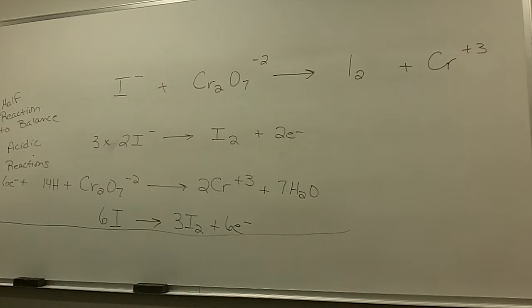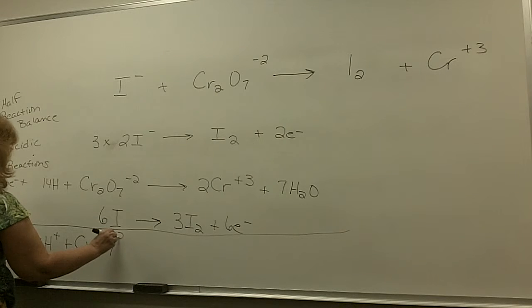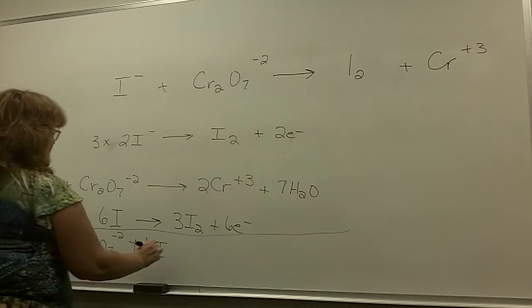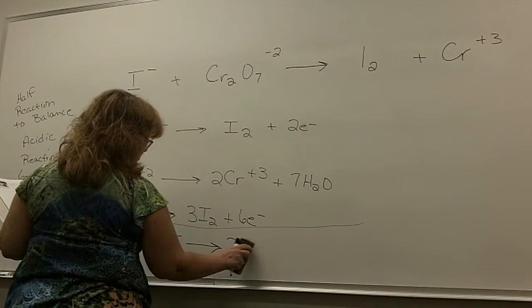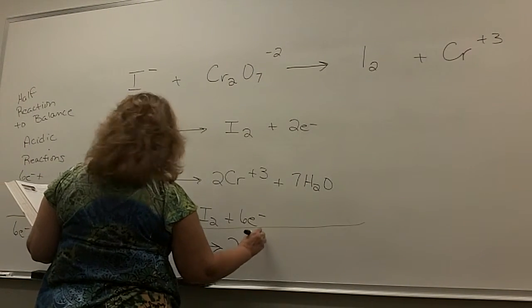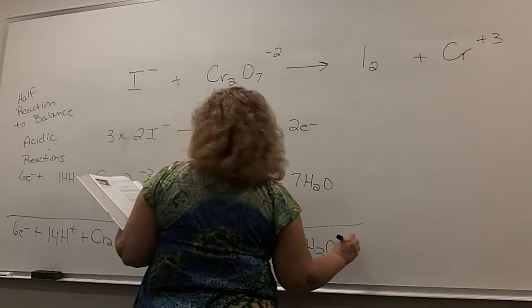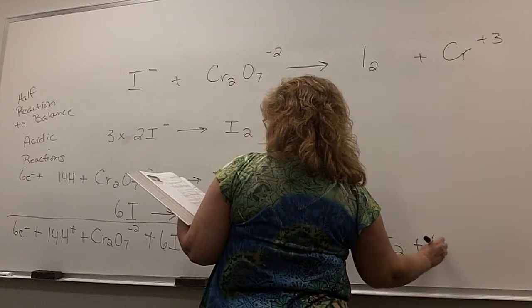So we're going to have 6e negative plus 14H positive plus Cr2O7 negative 2, plus we had 6I over here, yields, ready for this, 2Cr plus 3, plus 7 waters, plus 3I2 plus 6 electrons.